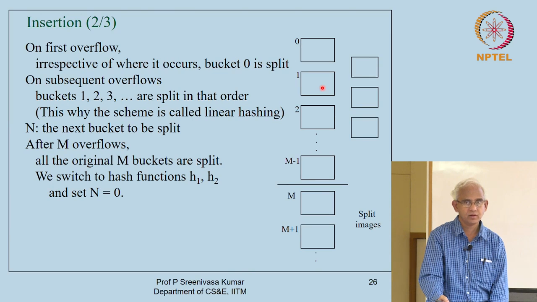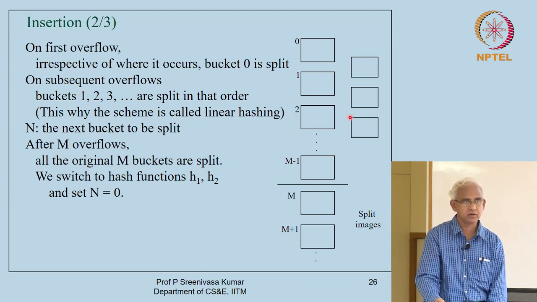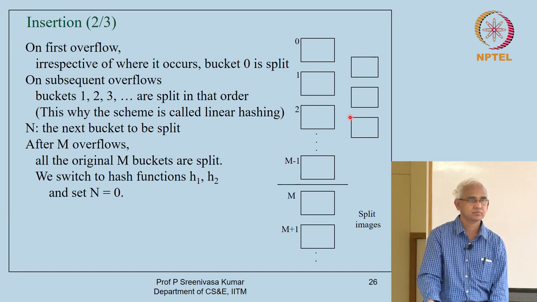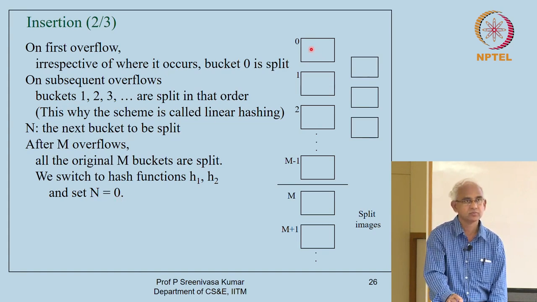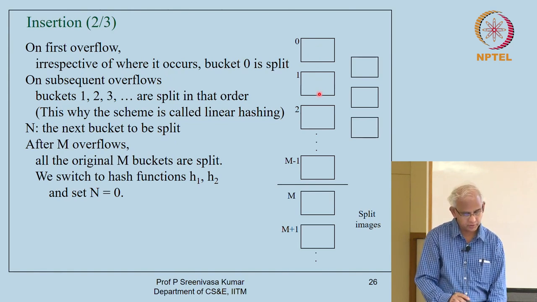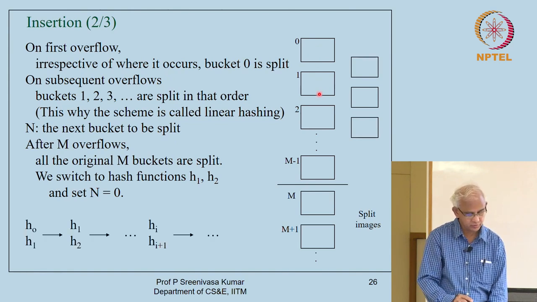Now, if all the original data buckets have been split, then obviously we have to use h1 to locate the record, and for splitting we will use h2. And of course, this number n which keeps track of the next bucket to be split, we have to set it to 0.